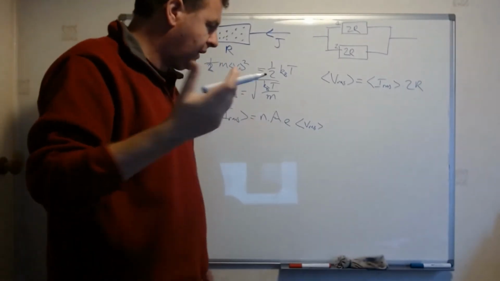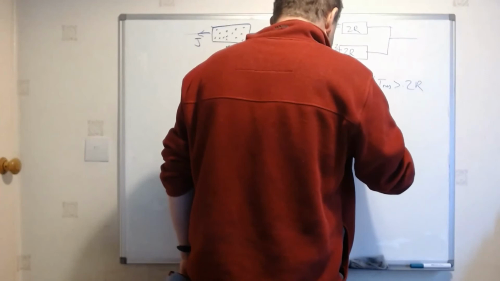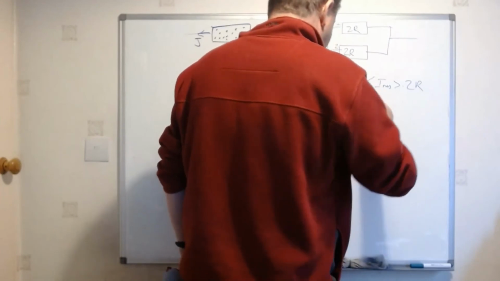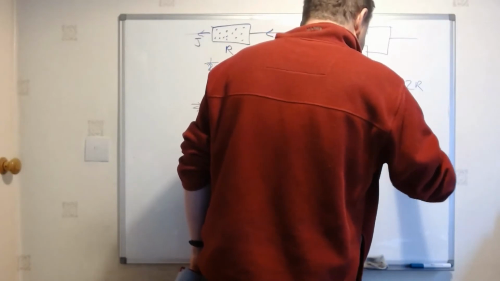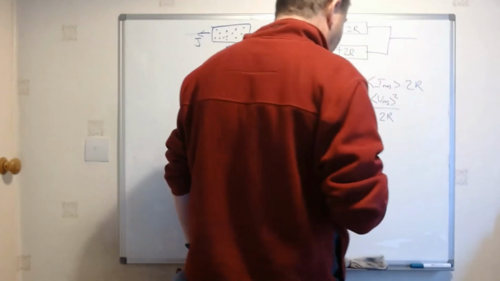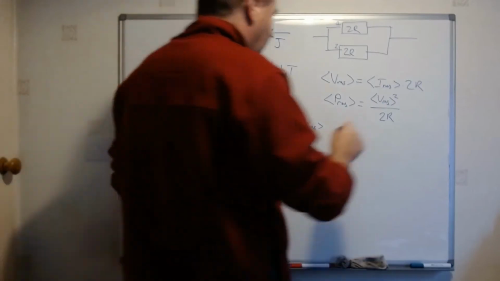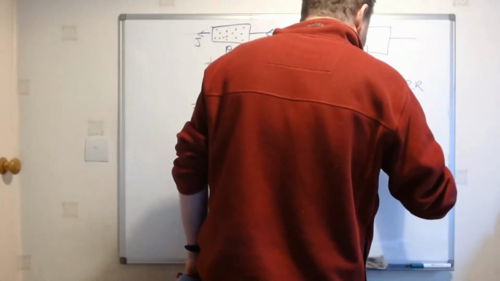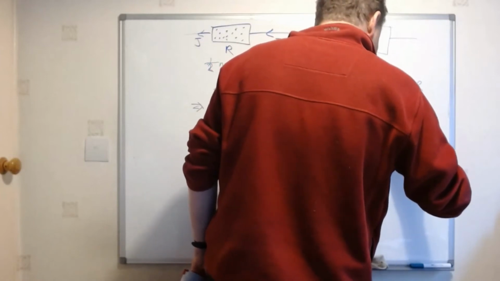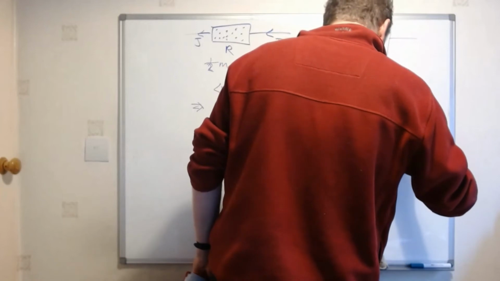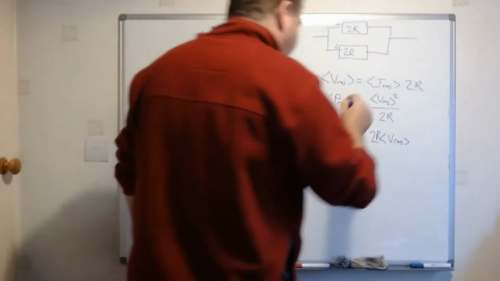So that also means you're going to have some power being dissipated in your circuit as well. So you're going to have an RMS power, which is going to be the RMS voltage squared over the resistance, which is 2R. Now that's the power in resistor 2.